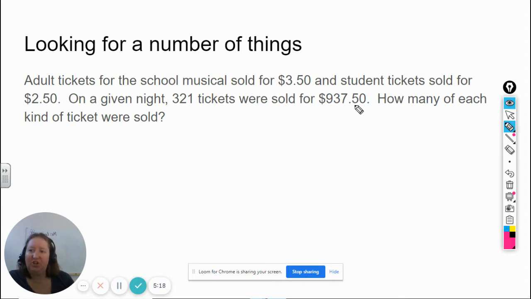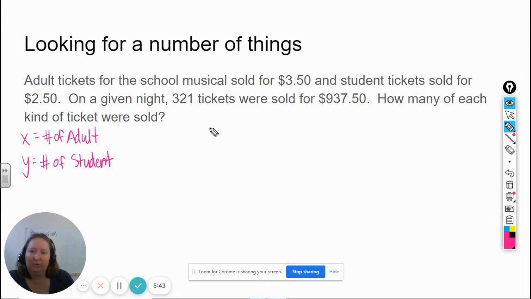How many of each kind of ticket were sold? So we go, what is my X and what is my Y? I usually just pick the first thing mentioned and make that the X value. So adult tickets, this is the number of adult tickets. This is the number of student tickets.